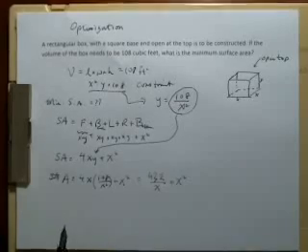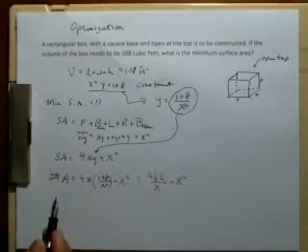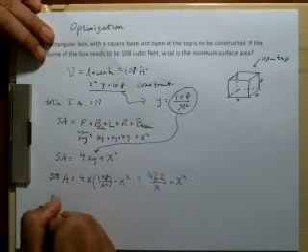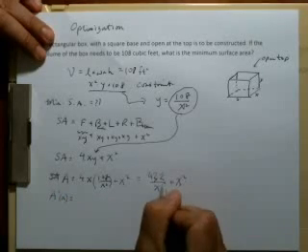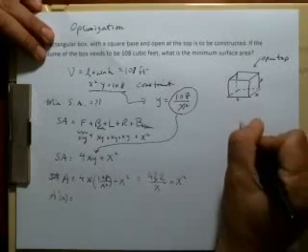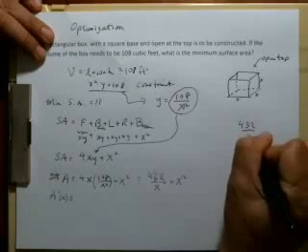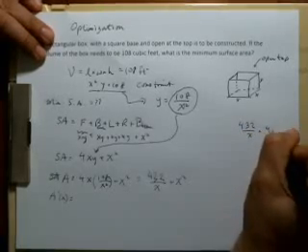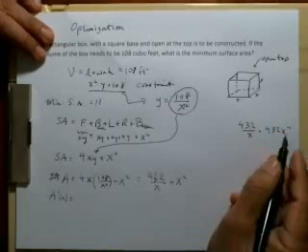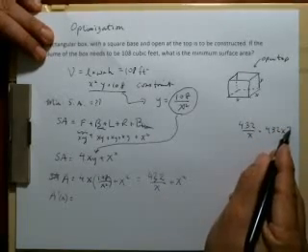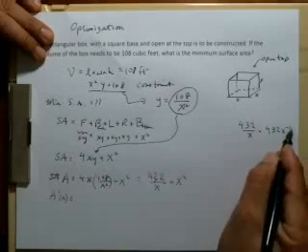What we're going to do right now, since area is a function of x, I'm going to take the area derivative. Now, 432 over x is the same thing as 432x to the minus 1. So taking the derivative of that, I use the power rule, bring it on down, subtract 1.